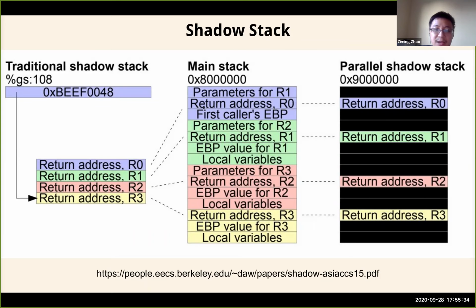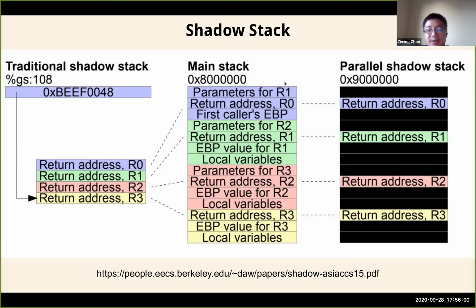That's why the return address here is R0. Then function 1 will call function 2, so the stack keeps going this way. Then we have parameters. This is obviously the 32-bit version. We have parameters, return address, and saved EBP for each function there. So this is what our stack looks like.